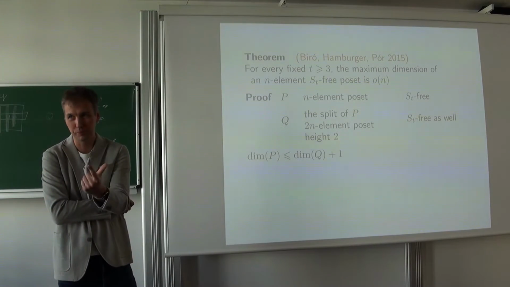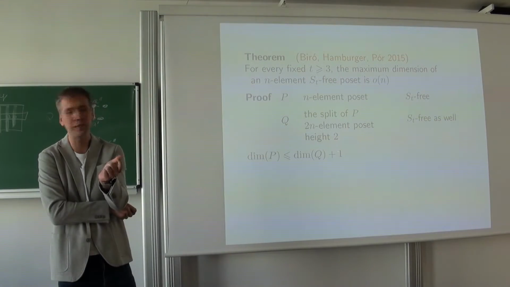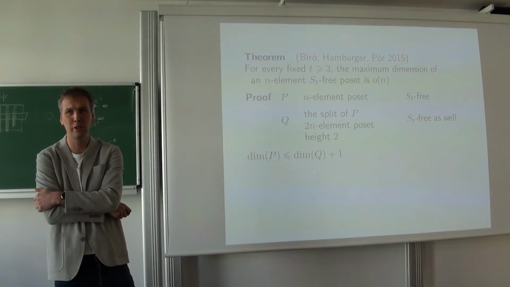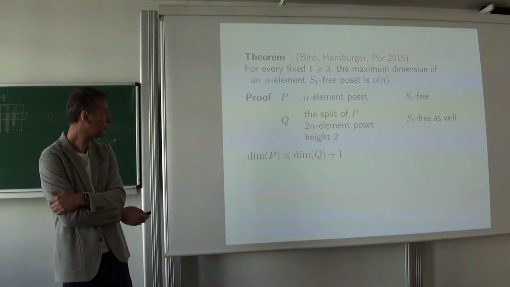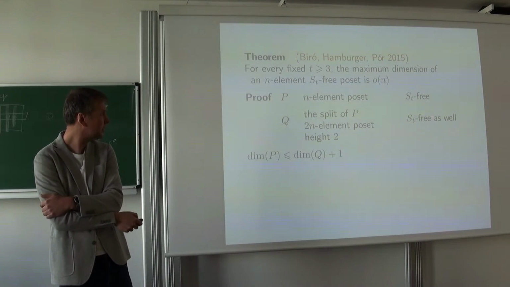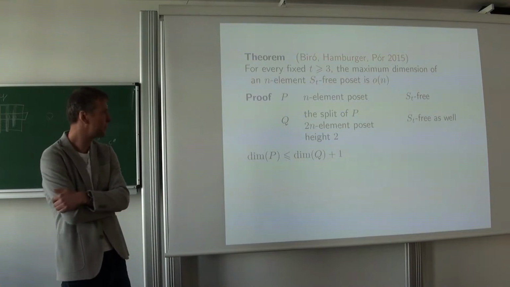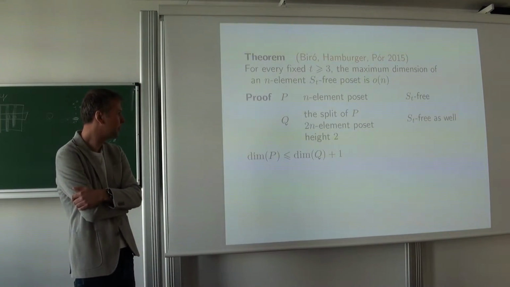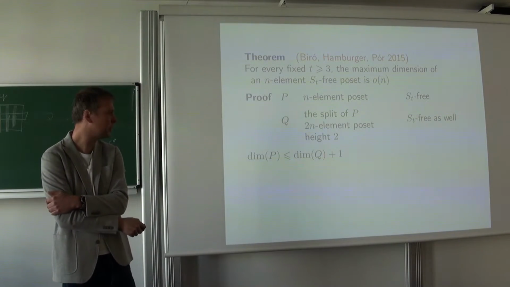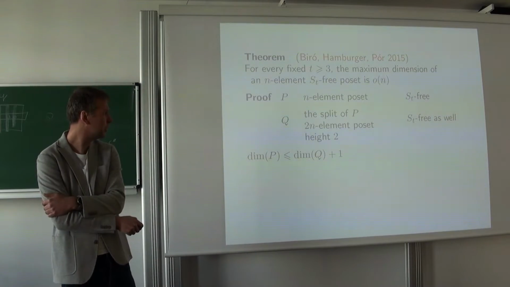It's height 2. And the dimension is pretty close. I need an upper bound on the dim of P. And as we also have seen, it doesn't have a standard example as well. Okay. So we are going to concentrate now on bounding dim Q itself, and we're going to show that it's little o of n.